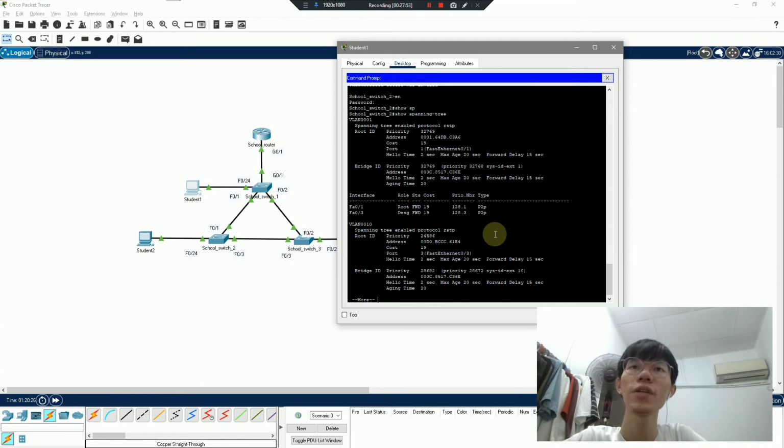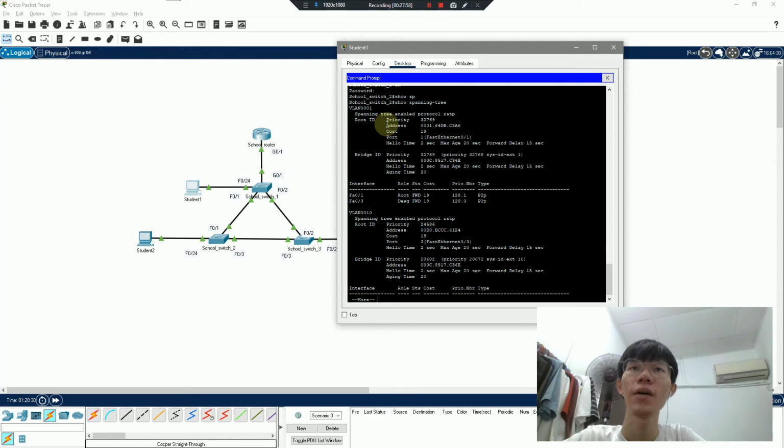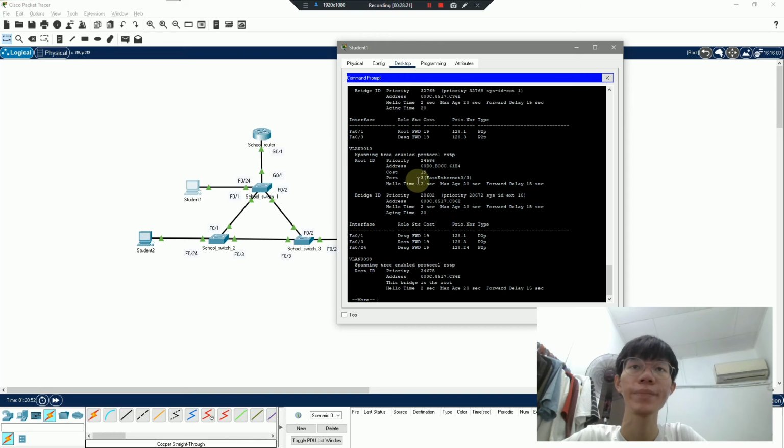This is for switch 2 and VLAN 1. The port is connected by FastEthernet 0/1, and the root port is FastEthernet 0/1 also, so that means school switch 1 acts as the root for VLAN 1.